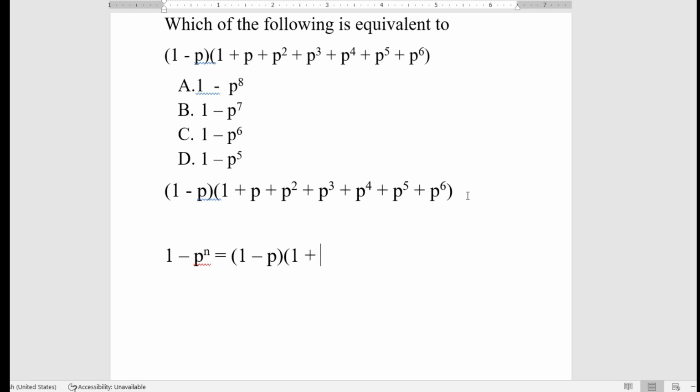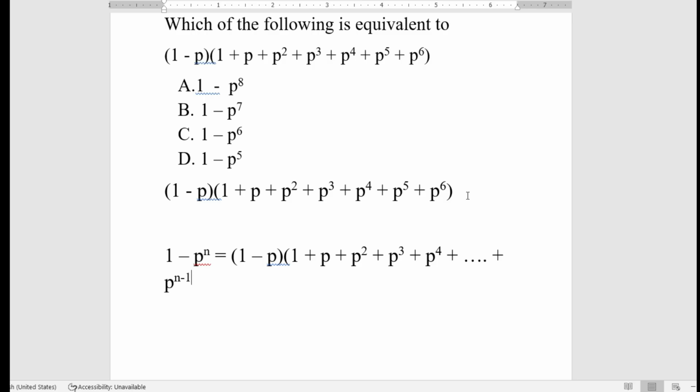plus b squared plus b to the power of 3 plus b to the power of 4 plus b to the power of 5 and so on, plus b to the power of n minus 1.